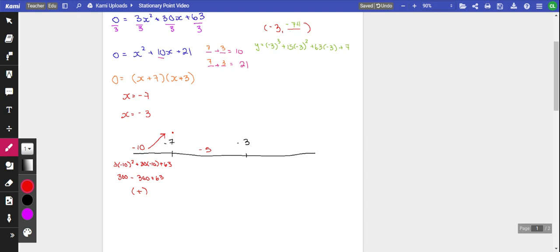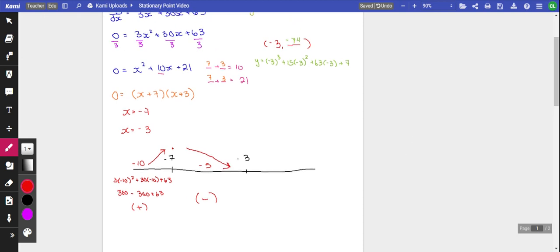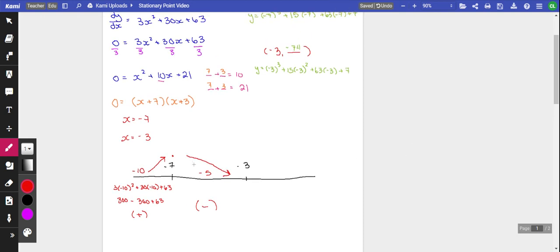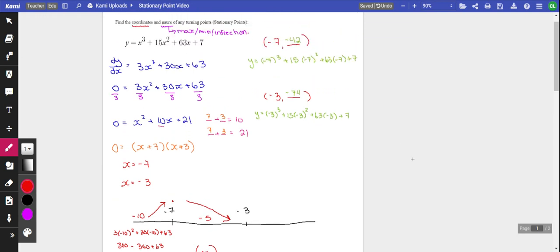So we're going to put in negative 5, and we find out that on this side, we get a negative value. So that means this section of my graph is now decreasing. So that tells me that I was increasing, switched to decreasing. So at this point here, we have a local maximum.